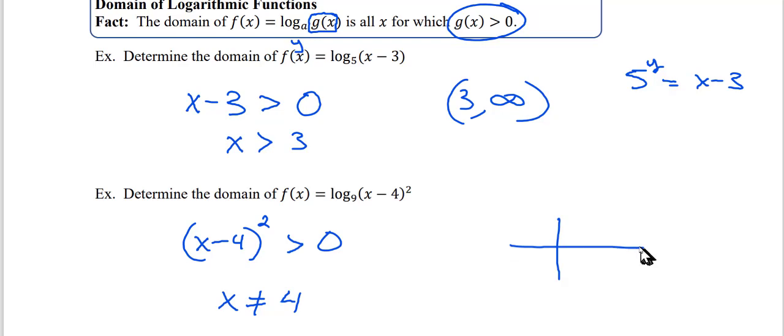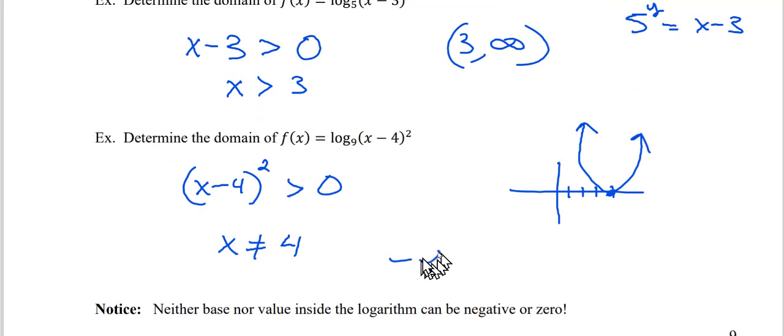If you think about what x minus 4 squared looks like, it's the standard parabola shifted to the right 4 spaces, and it opens up like this. Rough sketch. That is always greater than 0, except at that one point at the vertex. So x equals 4 doesn't work because there's no equal sign here. The domain in this case is negative infinity to 4, union 4 to infinity.